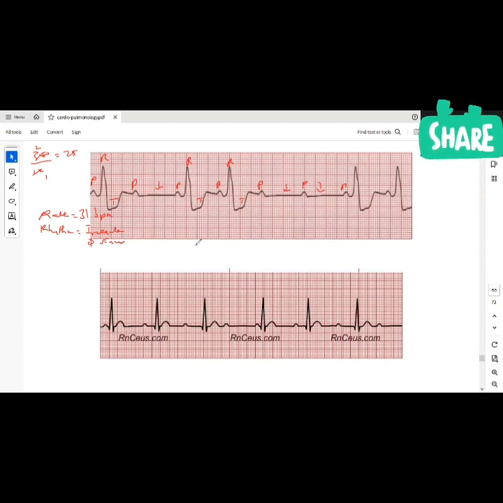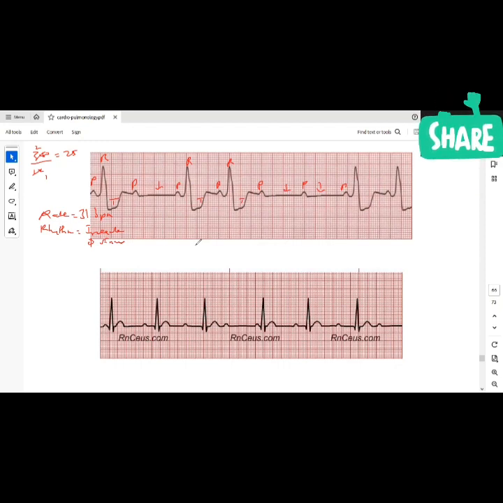First question: is something wrong with the SA node? Let's start with the sinus rhythm. Is the problem at the level of the SA node? Yes or no? No. How do we know it's not the SA node? Because there's a P wave. Is the problem at the level of the atrium? No. How do we know it's not the atrium?